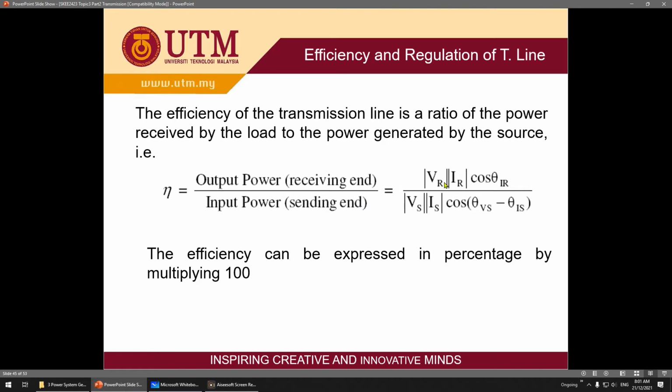This is just the standard efficiency formula, and you can multiply by 100 to represent it as a percentage. I think this is simple because you already know how to calculate efficiency.